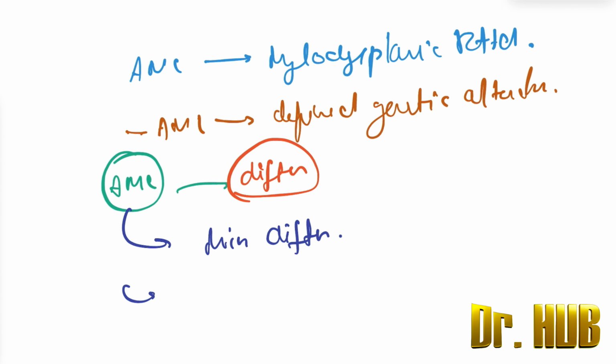So AML with minimal differentiation. Next, the AML without maturation. Next is AML with maturation.